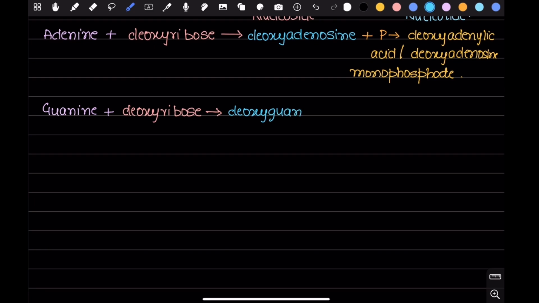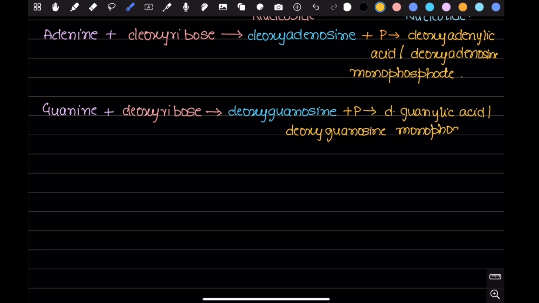And if a phosphate group is added to it, it will become a nucleotide and the name of it is deoxyguanylic acid. Another name for this one is deoxyguanosine monophosphate.